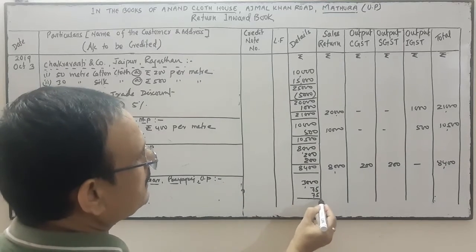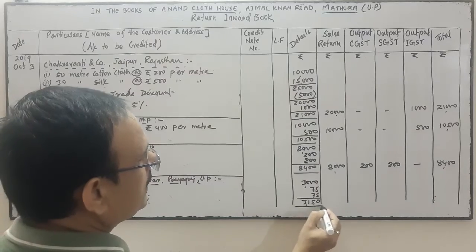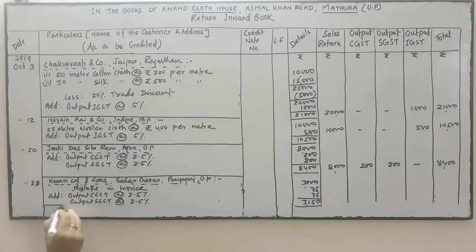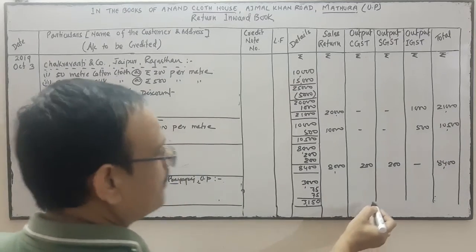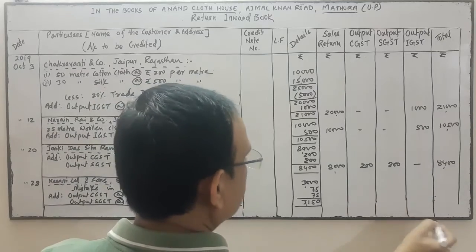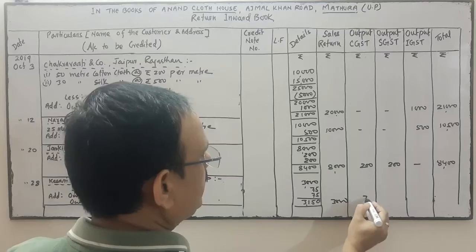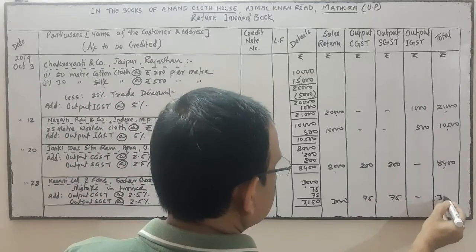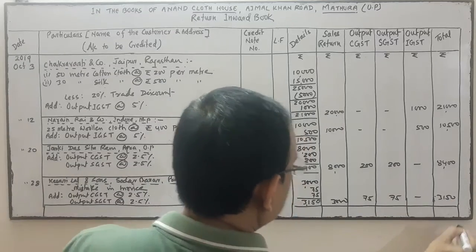So total is 3,150. So this will be presented like this: 3,000 will be here, 75 here, 75 here, and dash. So 3,150. Now thereafter we will do the total.